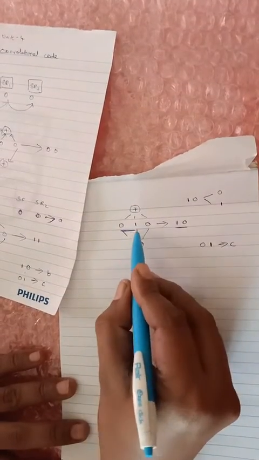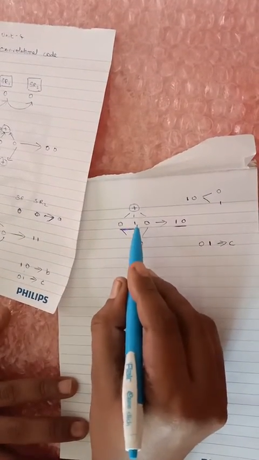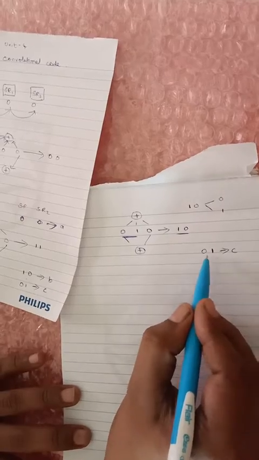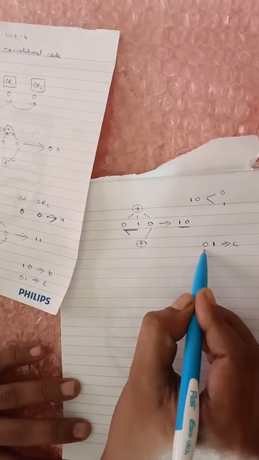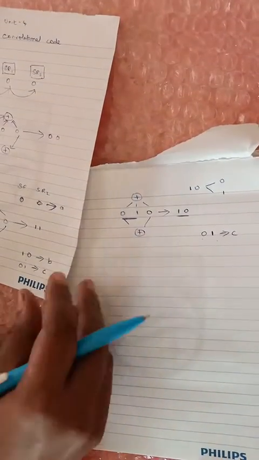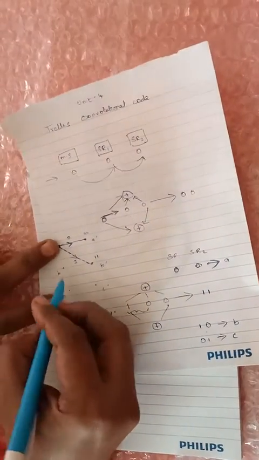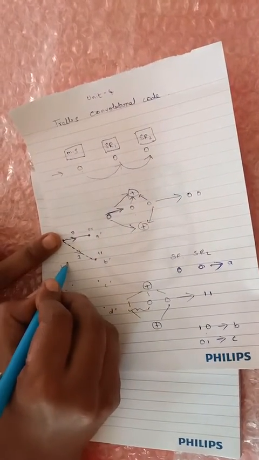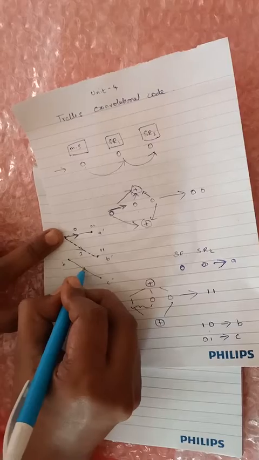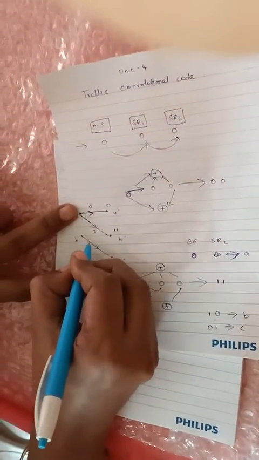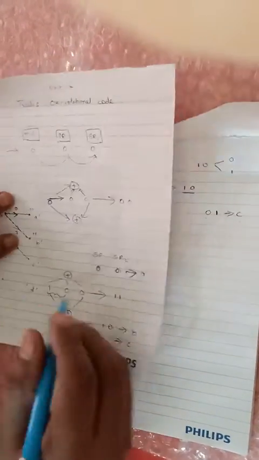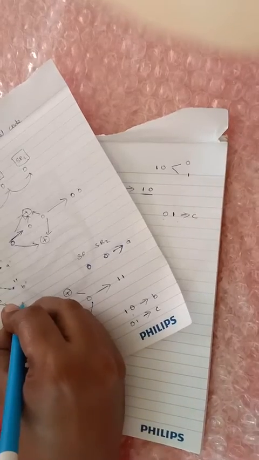So your B state is going to travel to C state when the incoming bit is going to be 0 and your output is going to be 1 0. So here your B state is going to travel to your C state, the incoming bit is going to be 0 and your output is going to be 1 0.